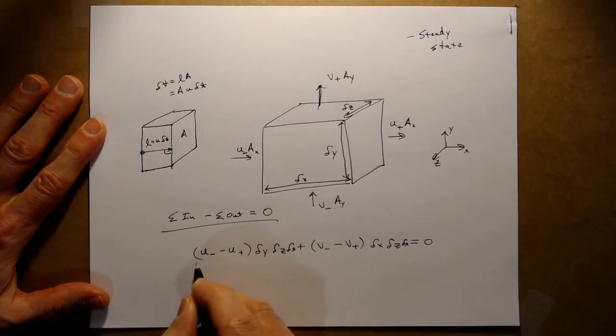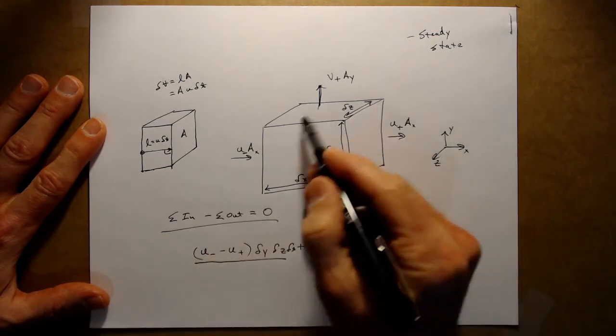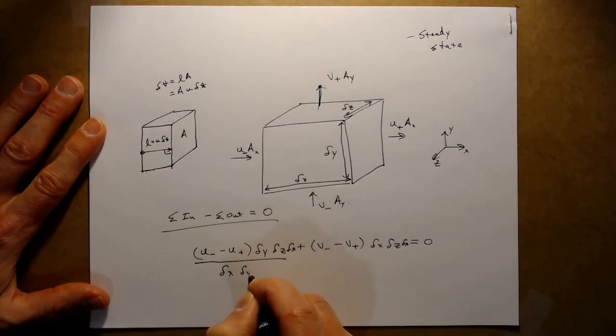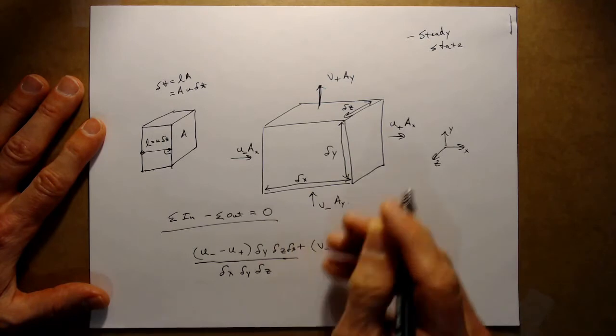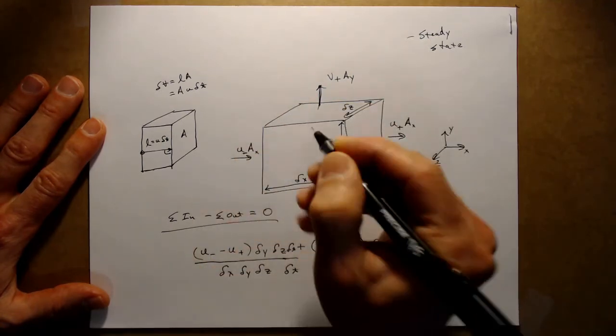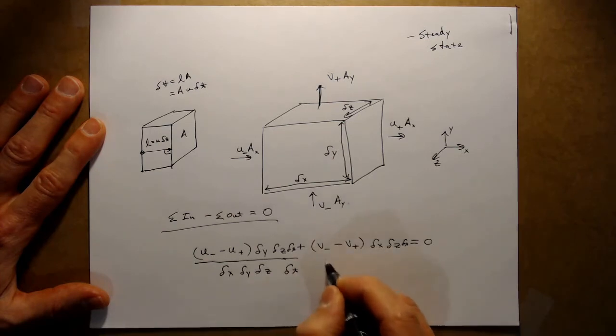So if I divide both sides by the total volume of my region of interest, that's just delta x times delta y times delta z, and I divide through by the time over which I'm considering the movement of volume, delta t, I can do that for both terms.